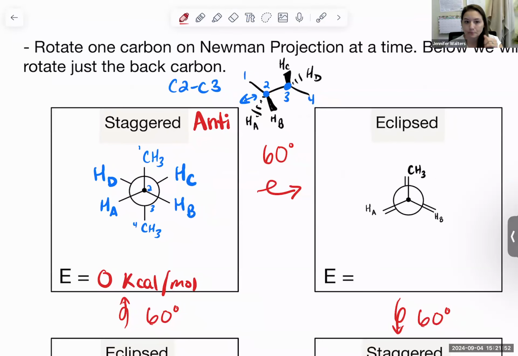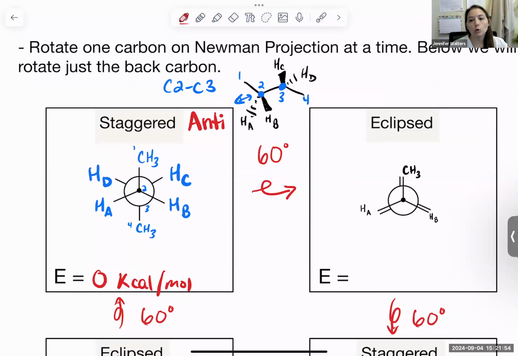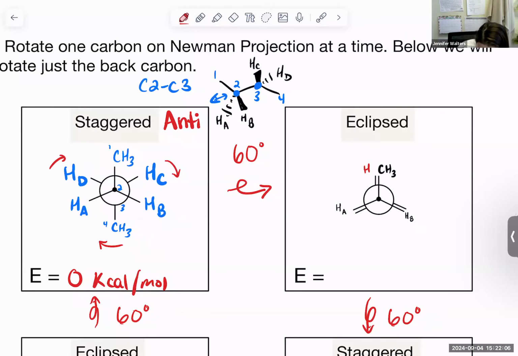This one doesn't. So if I hold the front carbon steady and I rotate my back carbon 60 degrees, and I'm arbitrarily picking clockwise, HD now goes behind the methyl. My HC is behind HB, and my carbon 4 methyl is now behind HA. That is my eclipsed conformation.